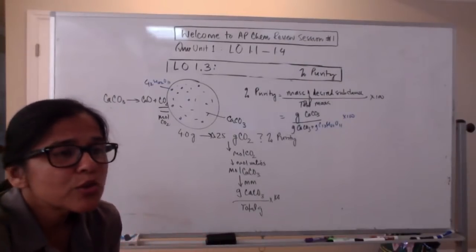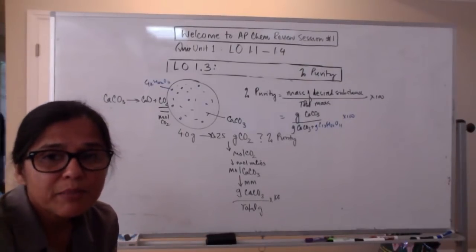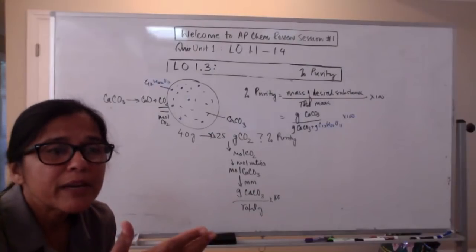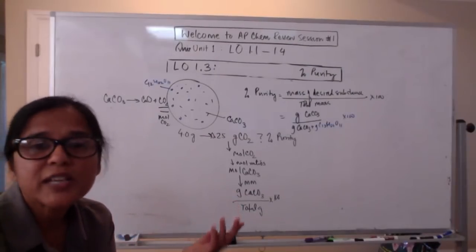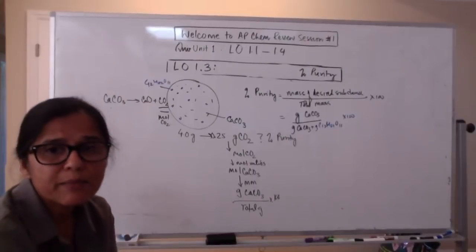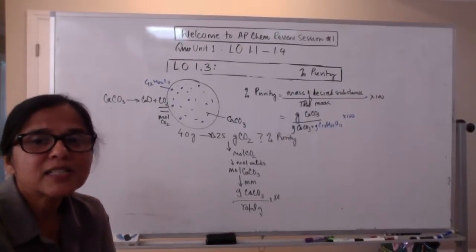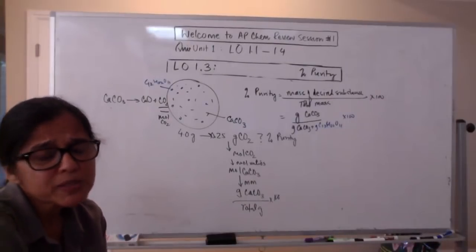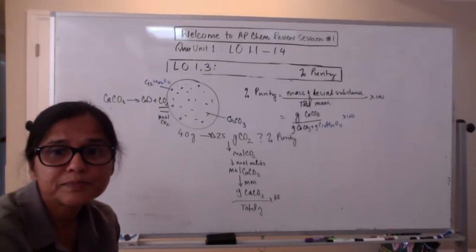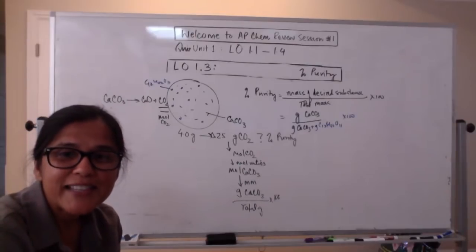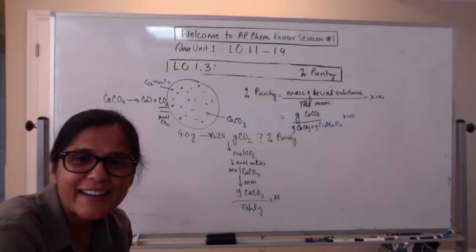But sometimes you don't have a desired substance in a mixture. It could be for one element or the other element. What is its percent composition? So that is percent mass. So percent purity for the desired substance is the same as percent mass, but percent mass is a wider term. This was almost enlightening, huh?